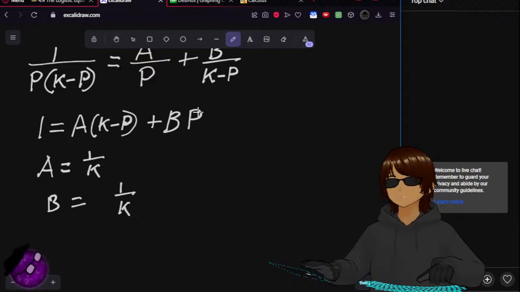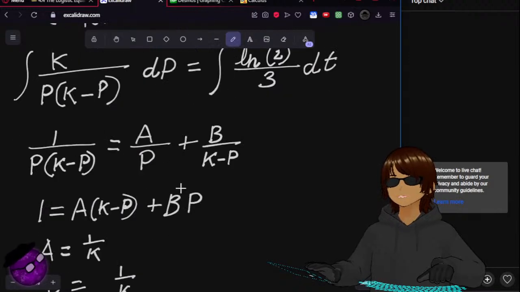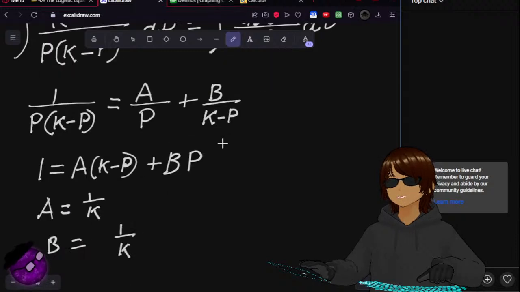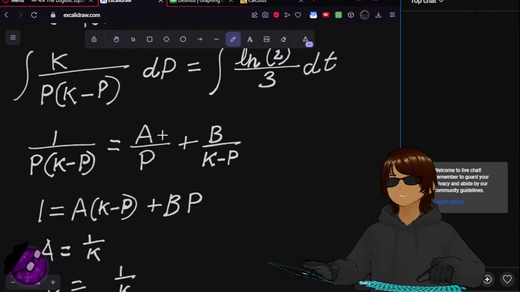If P is 0, then 1 is equal to AK. If P is positive K, then 1 is equal to B. Okay, this makes sense. Then if I separate it into partial fractions, both of them will be 1 over K, and then it will cancel out with this K.